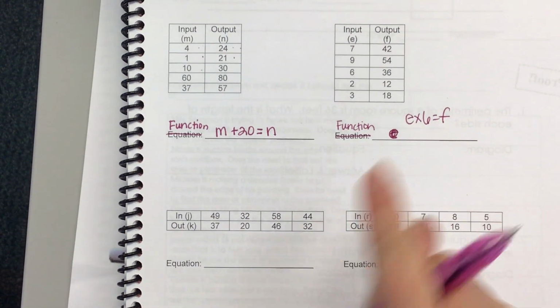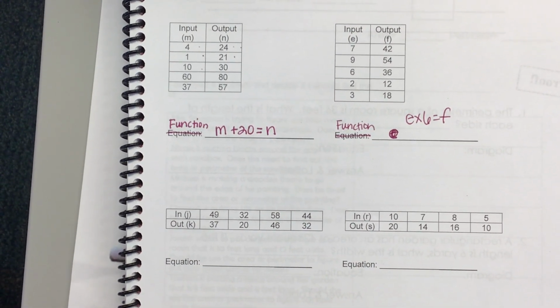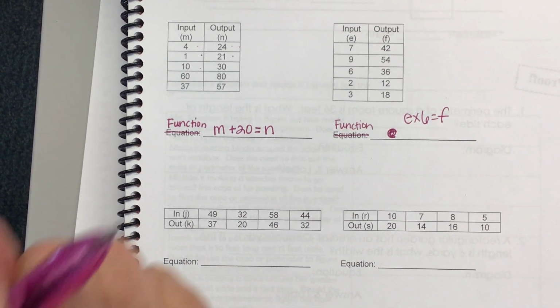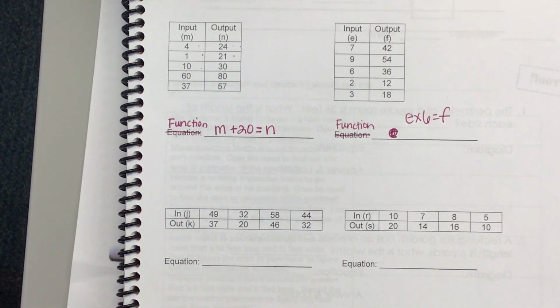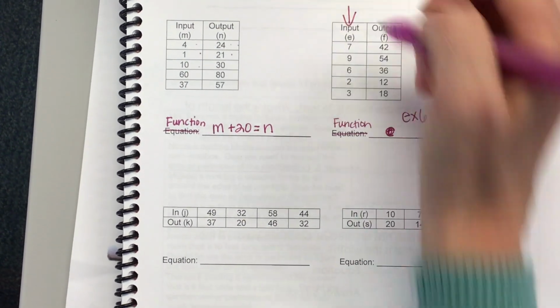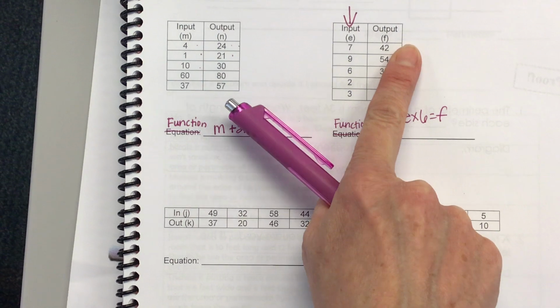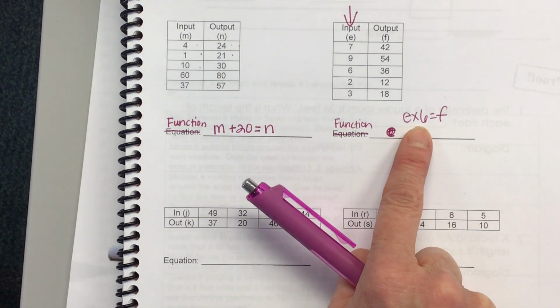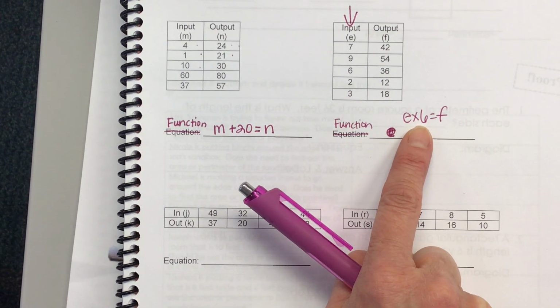What do I do, Rowan? Well, we could do that. But usually the input has to be equals F because F is the output. E times 6 equals. I'm not going to write it like this. How do I write it?